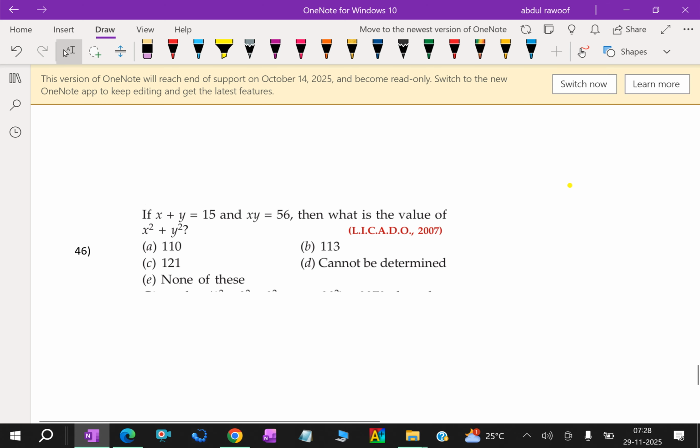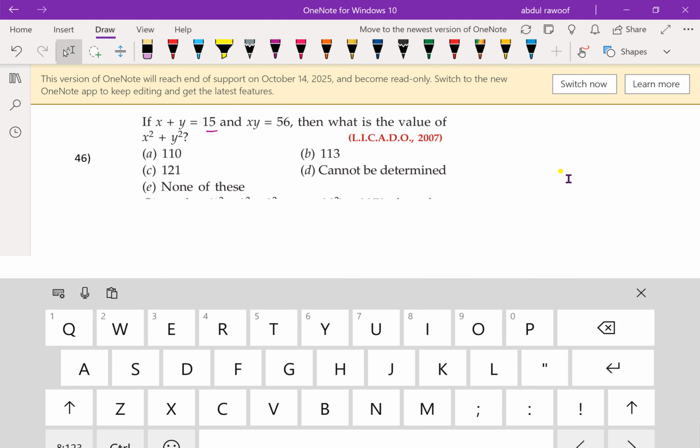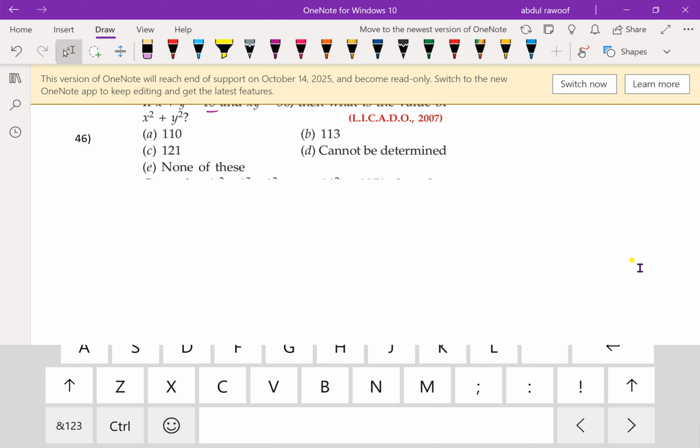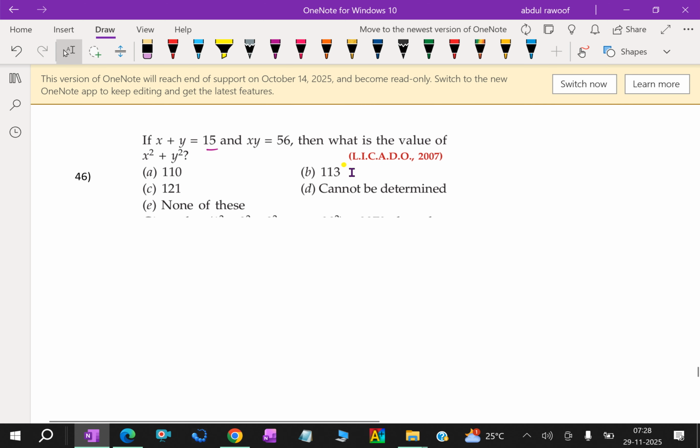Next question. Here x plus y equal to 15 and xy equal to 56. Then what is the value of x square plus y square? Here x square plus y square equal x plus y whole square minus 2xy.